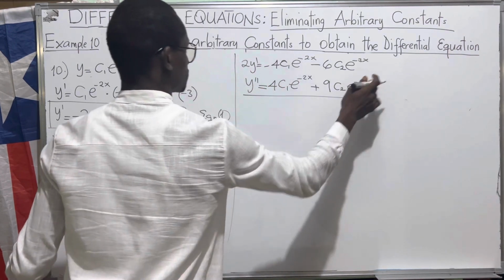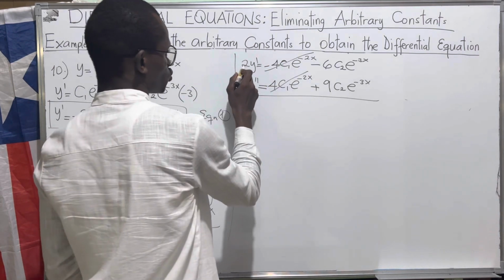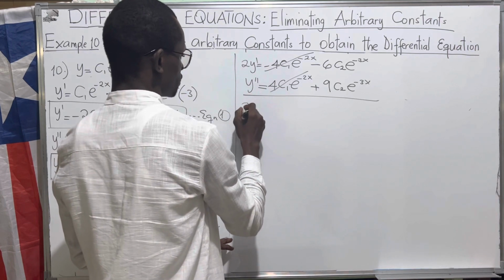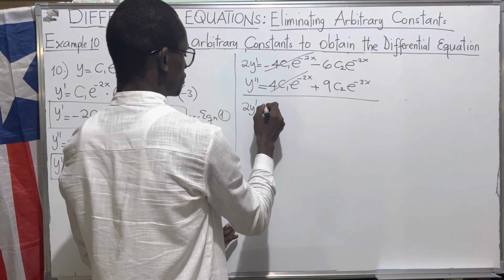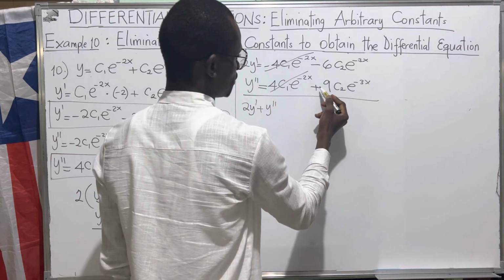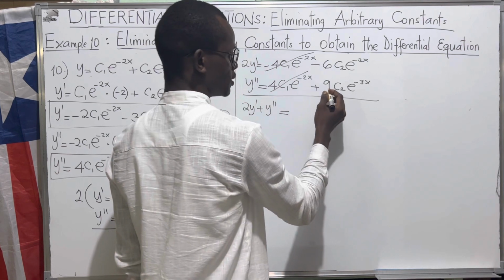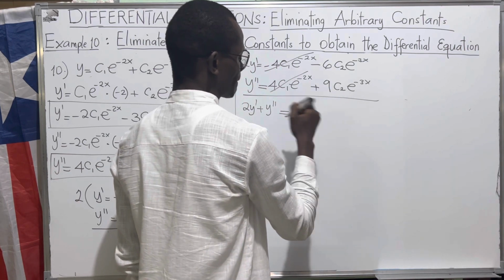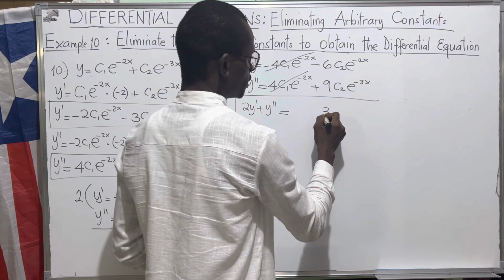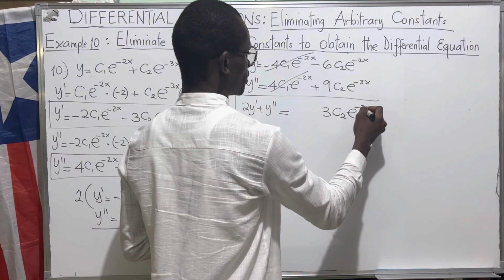Then we add. 2y prime plus y prime prime is just 2y prime plus y prime prime. Then the signs here are different, so we subtract. The biggest number carries the sign. The biggest number is positive 9, so the answer would be positive 3c2 e raised to the power minus 3x.